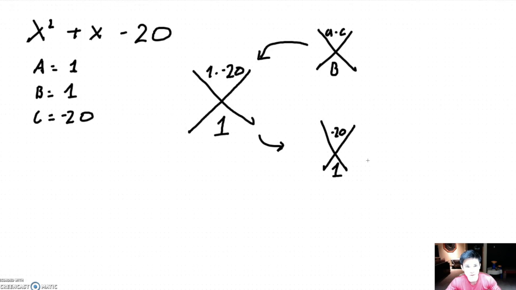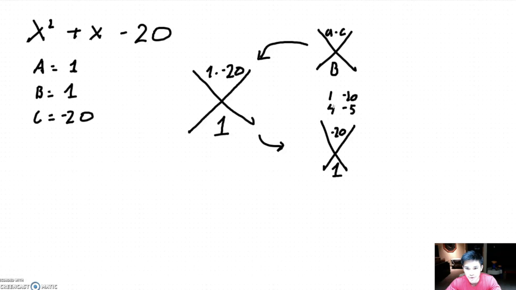So the first thing I do when I factor a quadratic with this X method is find two factors for this top value. In this case, right away I can think of several factors, one being 1 and negative 20. The other is 4 and negative 5.